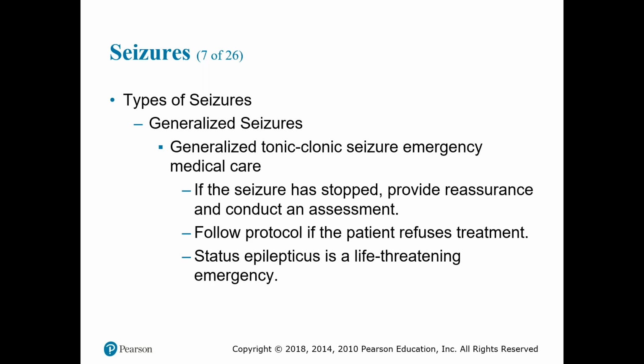So as far as medical care, when we are performing emergency care for somebody who's got a generalized tonic-clonic seizure, when we arrive on scene, if that individual is still seizing, remove anything that actually could cause more harm. So our tables, our chairs, anything that actually can fall into that patient, and then just let them seize.